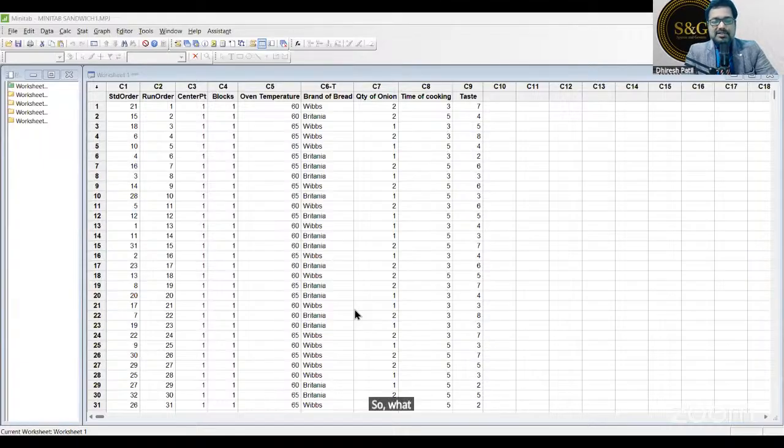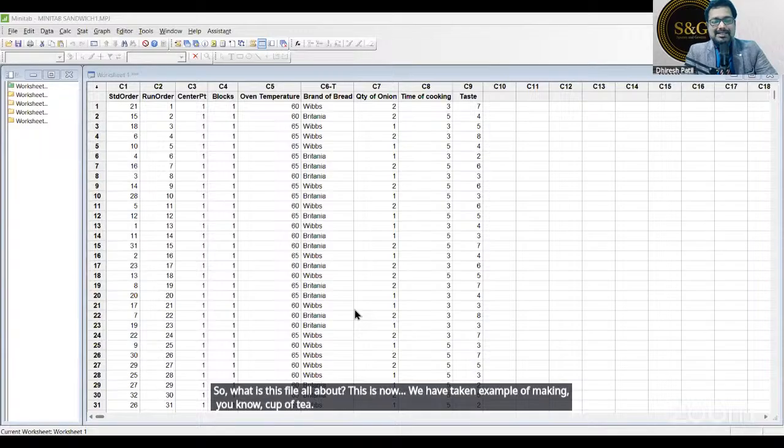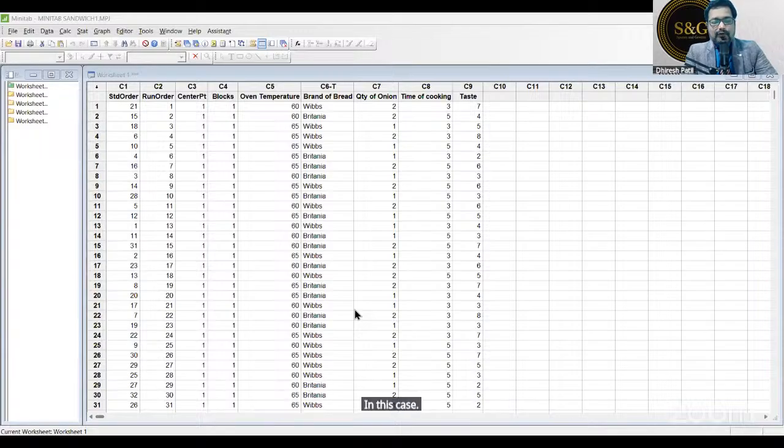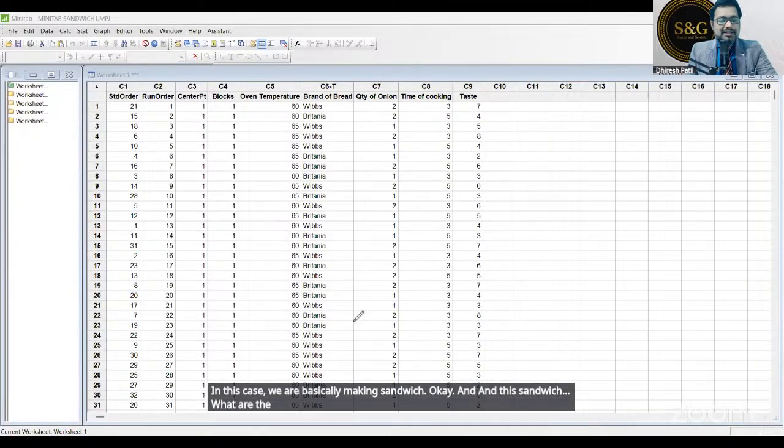So what is this file all about? Earlier we took the example of making a cup of tea. In this case, we are making a sandwich. And what are the factors here?